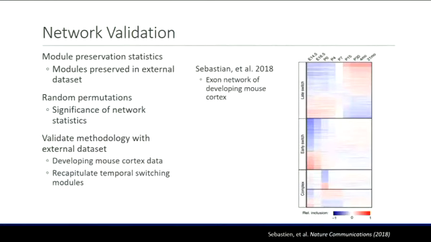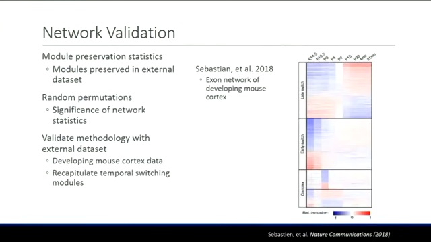Another method is random permutations, where you randomly permute the samples in your network and do different random combinations of the expression values. What you can do here is see that the network statistics you identify from your network are significant. You could create an empirical p-value to show that those particular statistics are actually significant and not something that you would just see by chance.